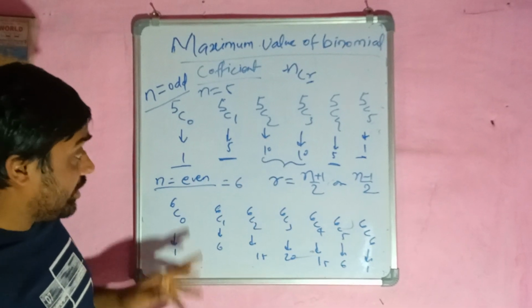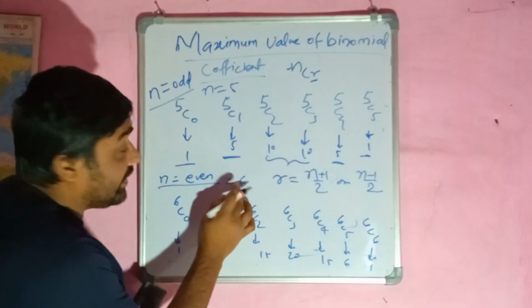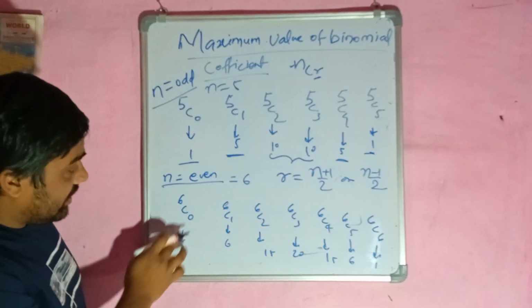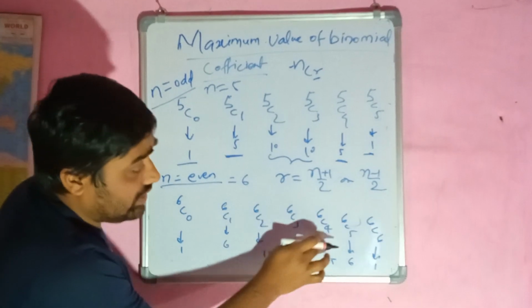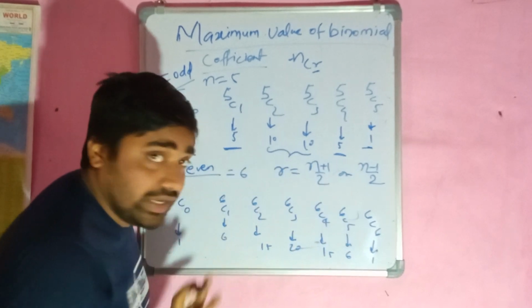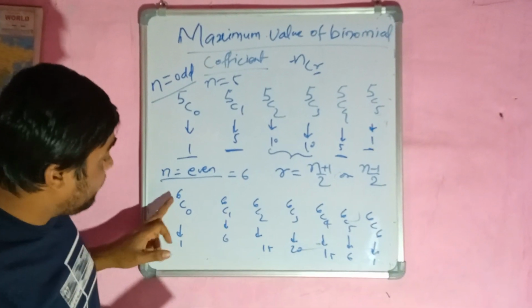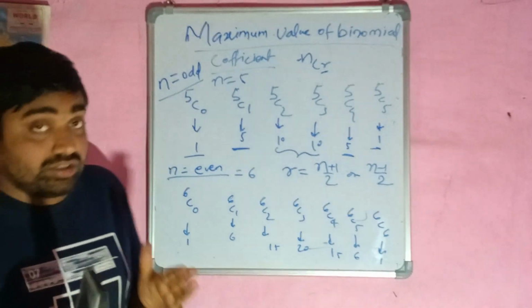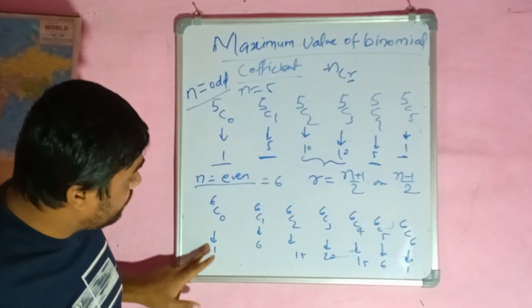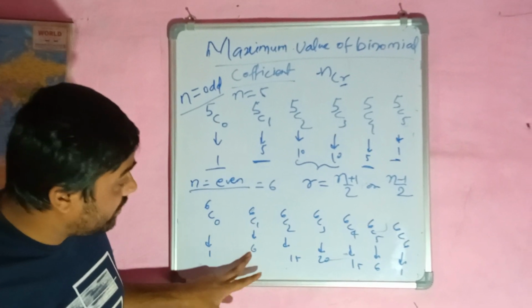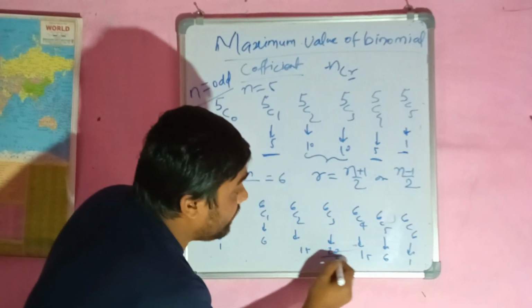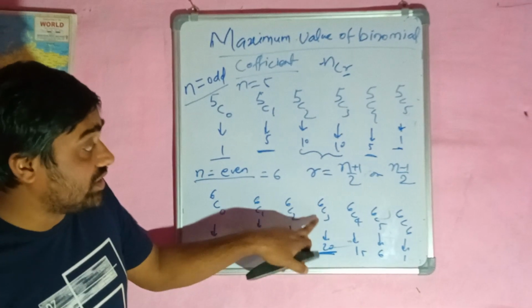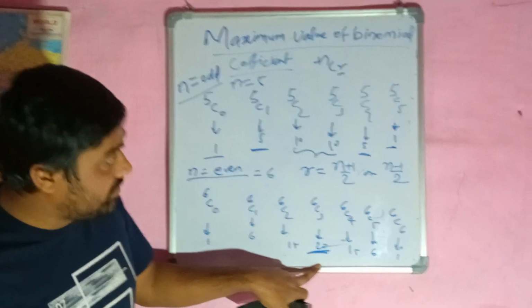So now if I take n even, that is 6. You just see 6C0, 6C1, 6C2, 6C3, 6C4, 6C5 and 6C6. If you evaluate this, 6C0 is equal to 1, 6C1 is equal to 6, and here you are getting a maximum value. See this one, at 6C3 you are getting the maximum value.